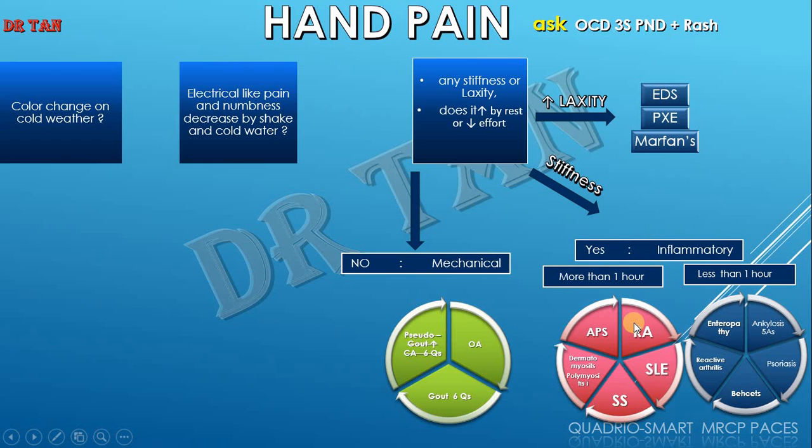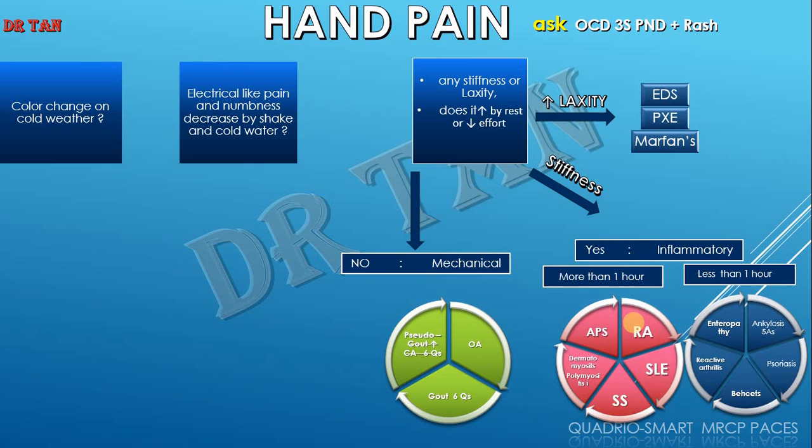Because as you know, rheumatoid arthritis is sparing the DIP, the distal interphalangeal joint, okay?